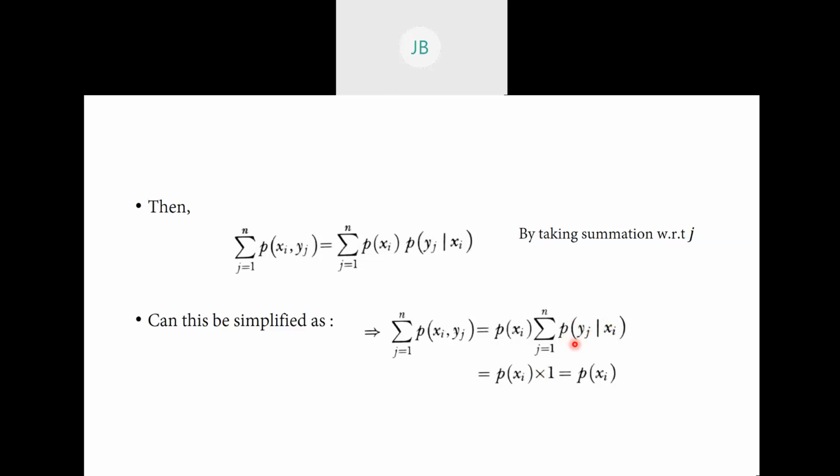That is, the sum of the probabilities is equal to 1, right? So that is what is written here. The total summation of all the probabilities for all the j's is equal to 1. So basically, the total probability of the output should be equal to 1. So with this, we can simplify this as probability of input. So right now we have summation j is equal to 1, and the joint probability between input and output is nothing but the probability of input itself.